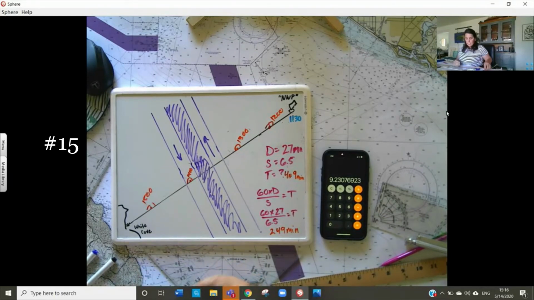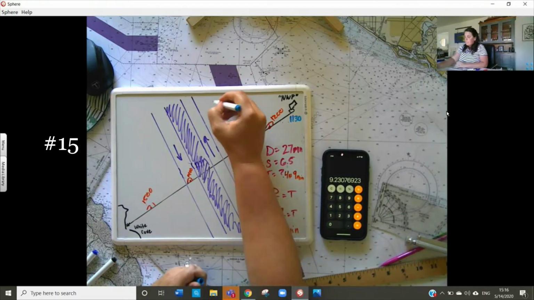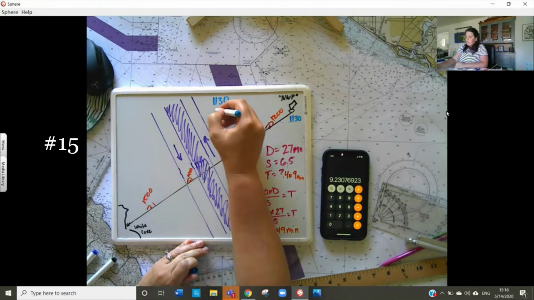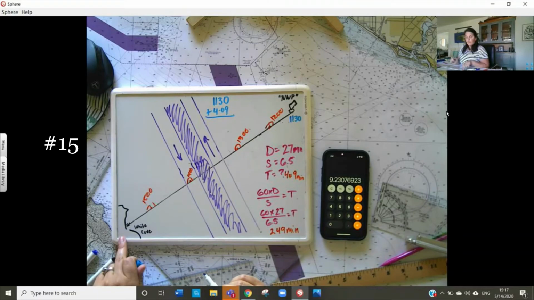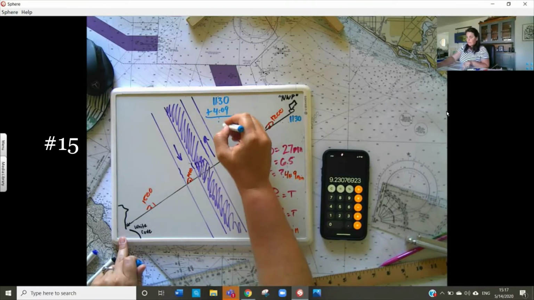So now I can do my adding and subtracting. If I left NWP at 11:30, and it took me 4 hours and 9 minutes. When will I get to White's Cove? I always do the minutes first, so I'm left with 39.